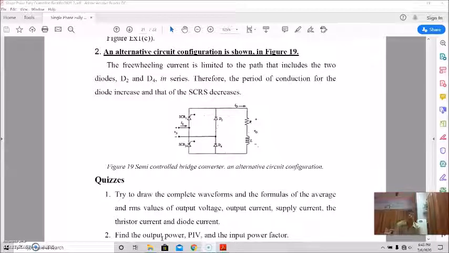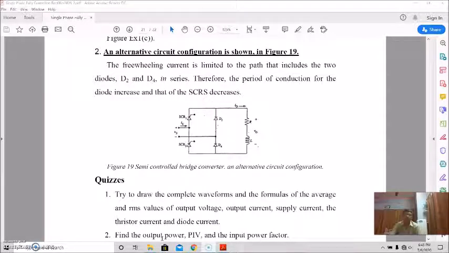Basically we have replaced SCR2 by diode 2 and diode 3 by SCR3. Okay, and SCR1 and diode 4 positions are actually the same.